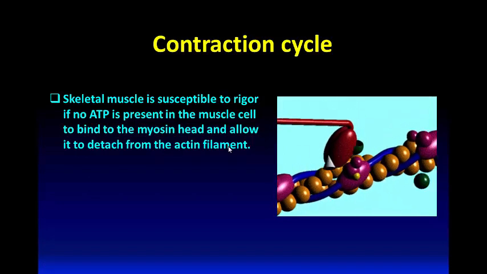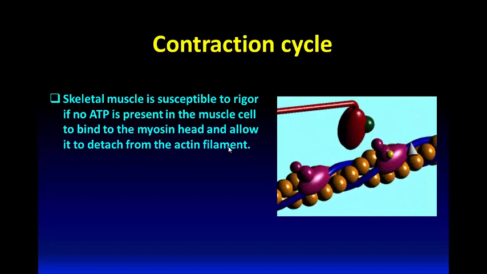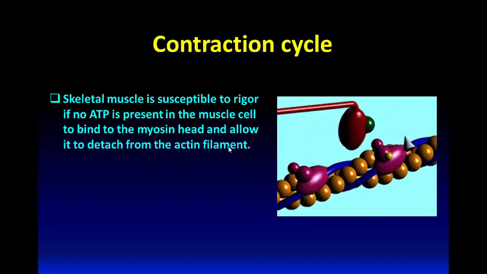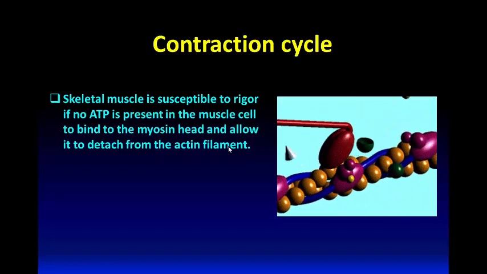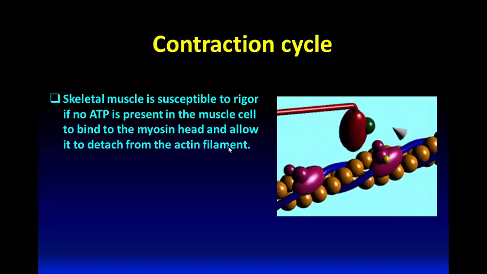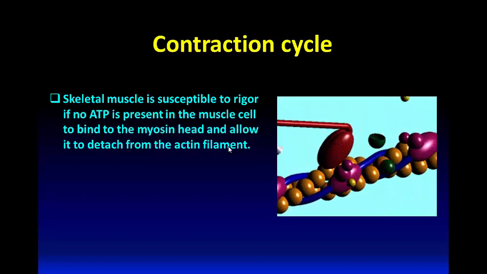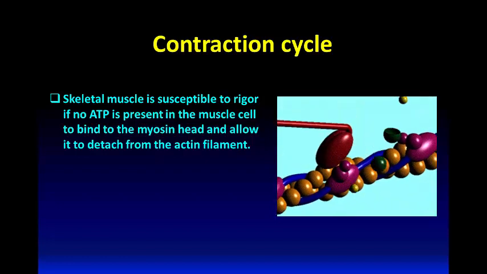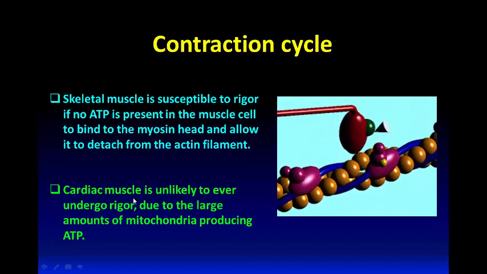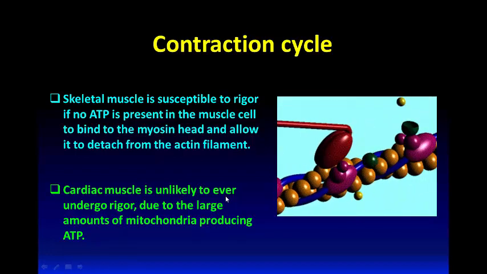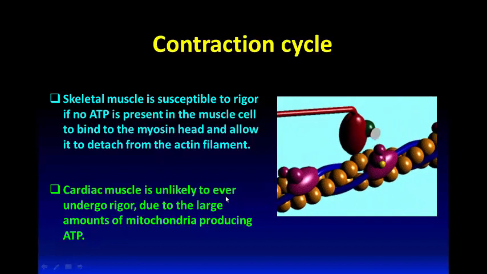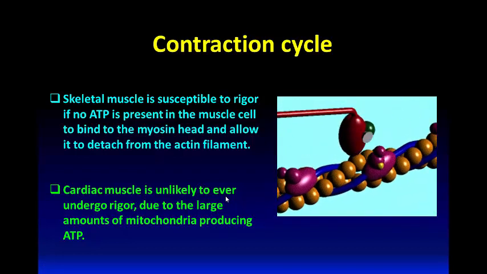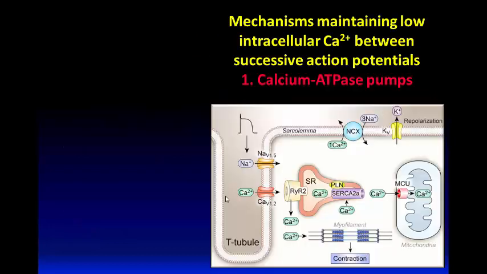So when adenosine triphosphate is not present, the myosin globular heads are not detached from their binding sites on the actin molecules, and the fiber undergoes rigor. Cardiac muscle cells are unlikely to ever undergo rigor because they have large amounts of mitochondria which produce a continuous supply of adenosine triphosphate.